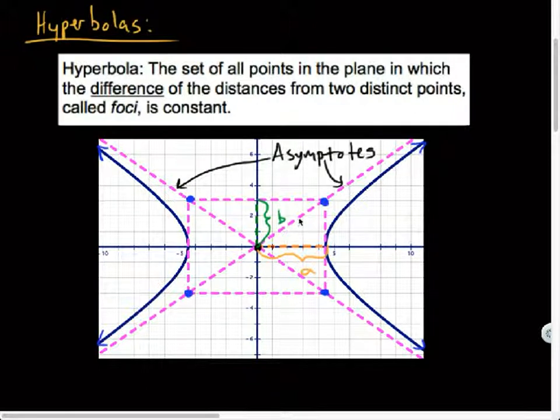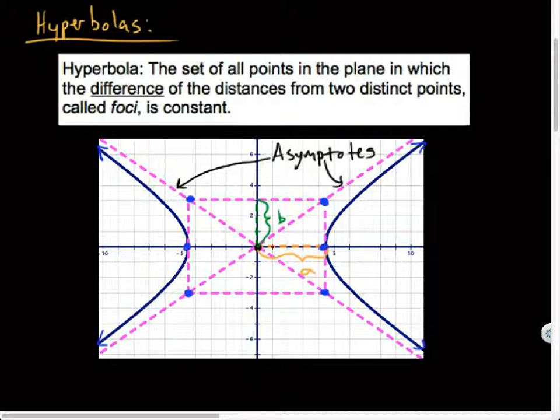So the way you graph this, you draw the asymptotes, you draw the vertices, all right, and then you would draw this in kind of like little quadrants, so to speak, where it leaves the vertex and it approaches that asymptote, but never, ever gets there. Now, the other thing you might realize, hey, this mentioned foci, but just like how foci weren't technically part of the curve in an ellipse, the foci aren't technically part of this either.